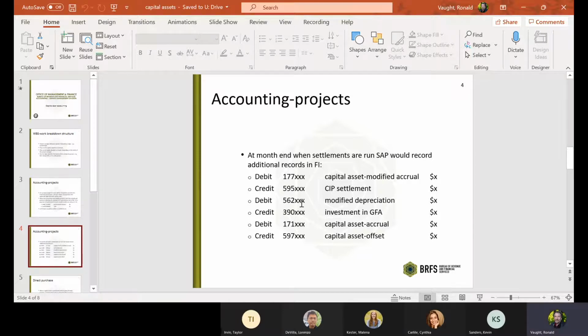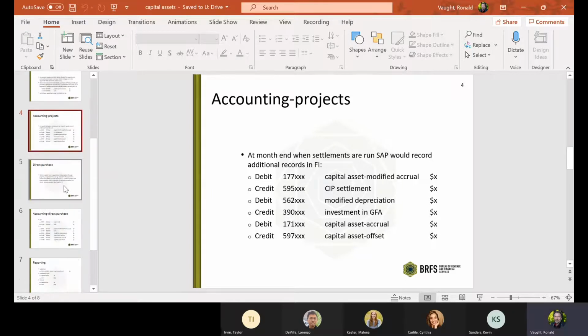The second document will be a debit to 562, which is modified depreciation or capital outlay, and then a credit to a 390 account, which is called investment in GFA, general fixed assets. And then the third entry is it will debit a 171, which is our accrual-based capital asset account, and then credit a 597 capital asset offset account. So all of that happens during the settlement process.